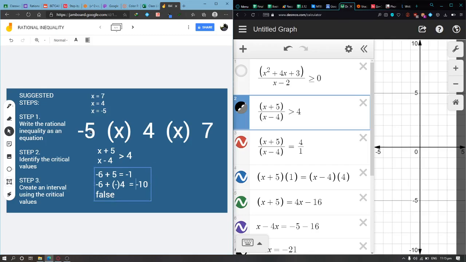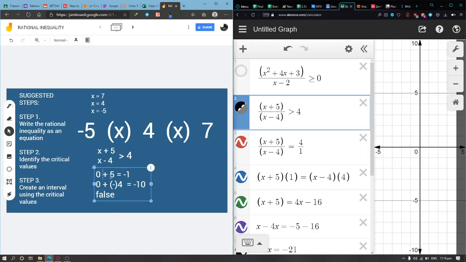Let's try between negative 5 and negative 4. So what are the numbers between negative 5 and negative 4? Since it is a negative number and this is a positive number, let's try 0. So instead of negative 6, let us try 0.